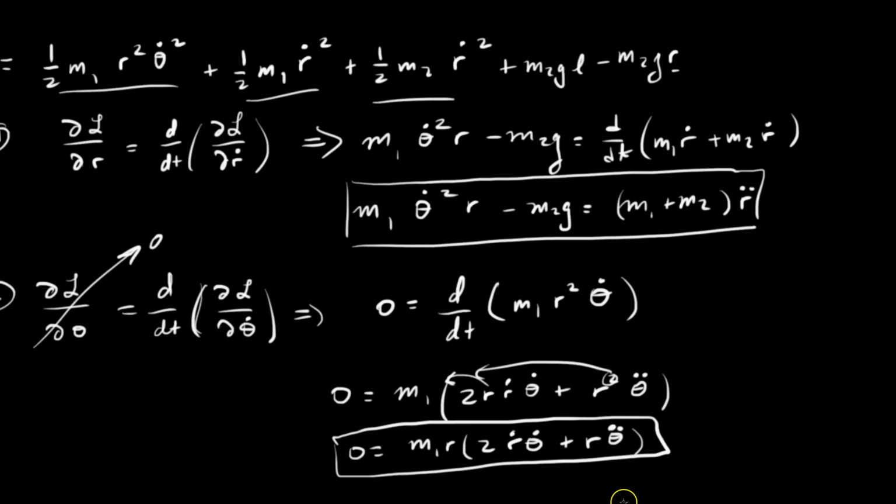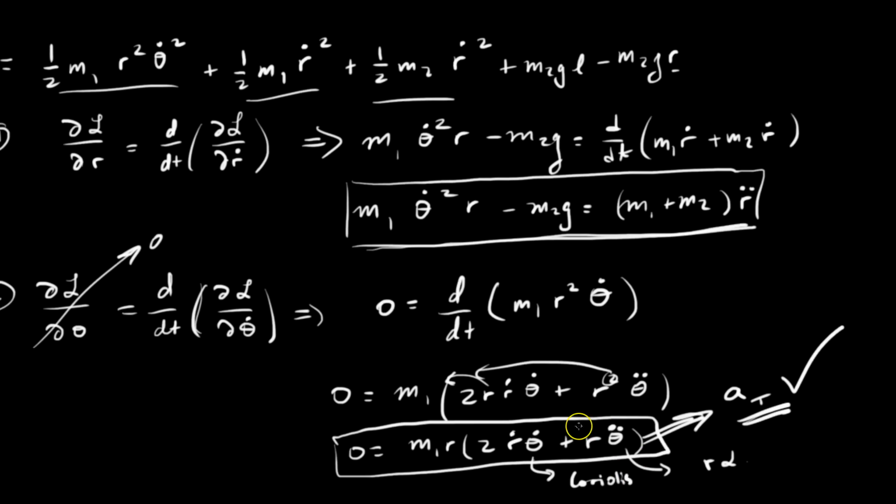Now, notice, what does this term look like? This is the Coriolis force, and this is the regular one that we know as r alpha. This is the tangential acceleration. We've derived Newton once again from Lagrange, but we've gained another insight.